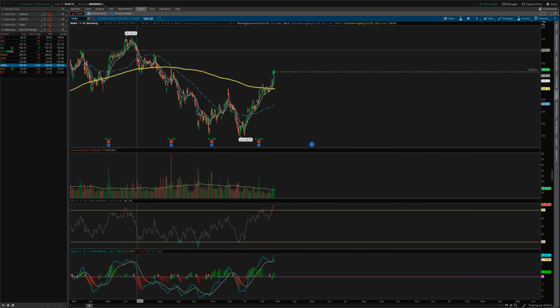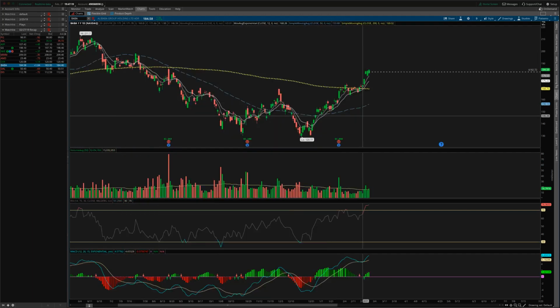So if I go into the daily chart here for Baba, if I put my line at around 182.72, notice how many times that number is touched in history.